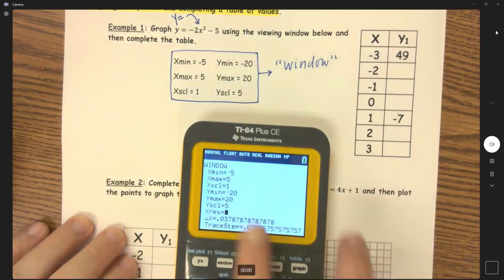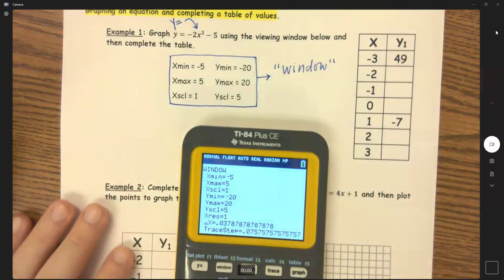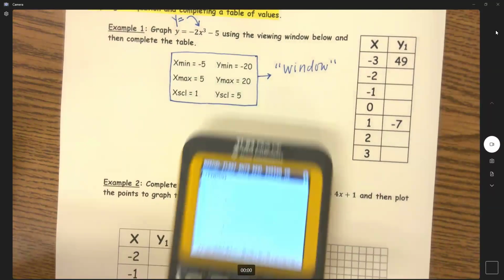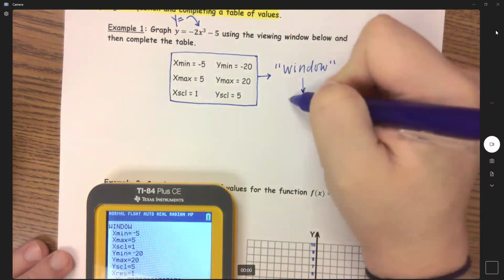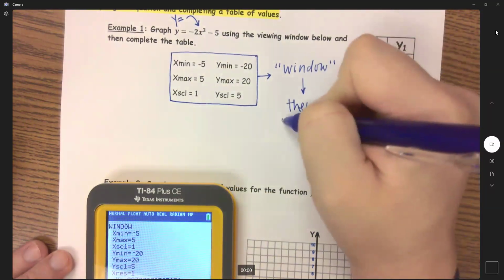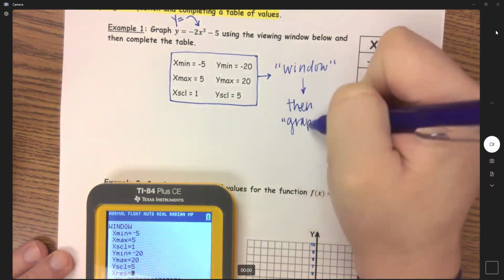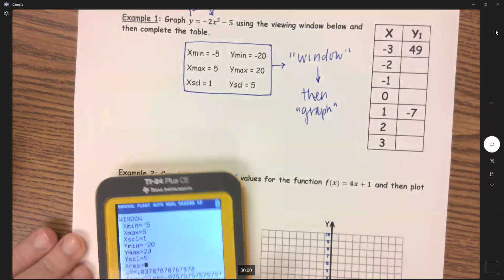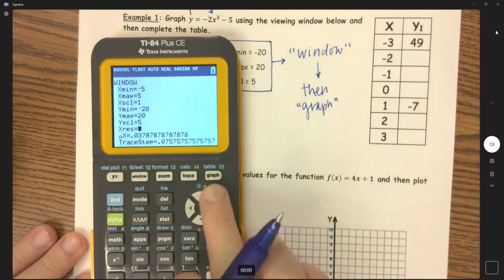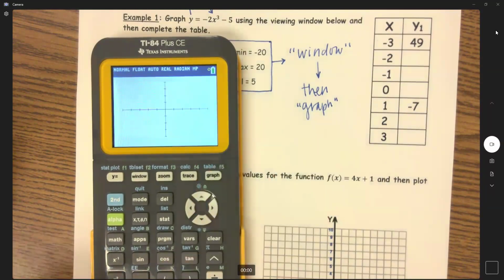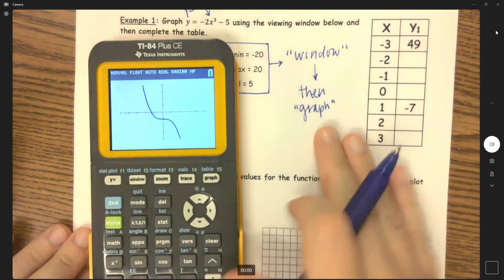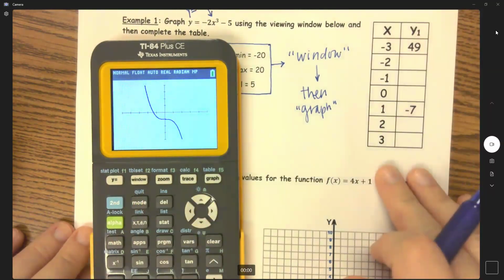Okay. Once I have matched this right here, we are going to then hit graph. So once I've got that window, now go right here, and here is my graph. Okay, so once I have this graph in here, now I can fill out my table.